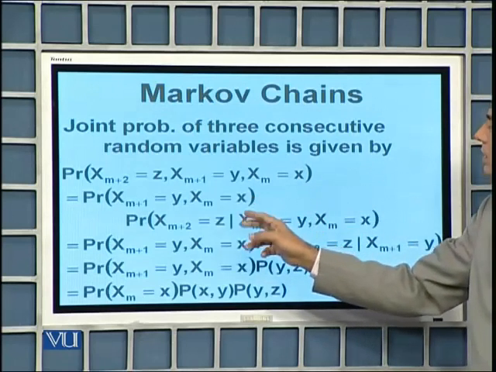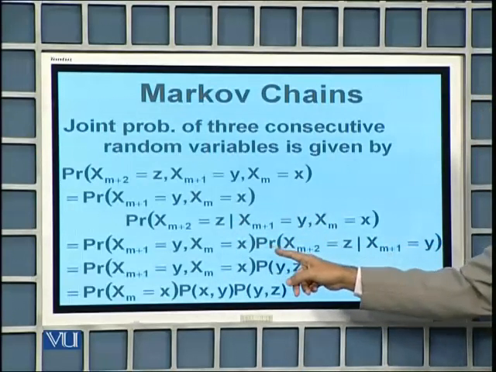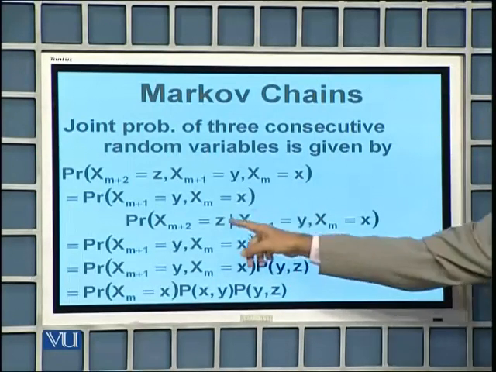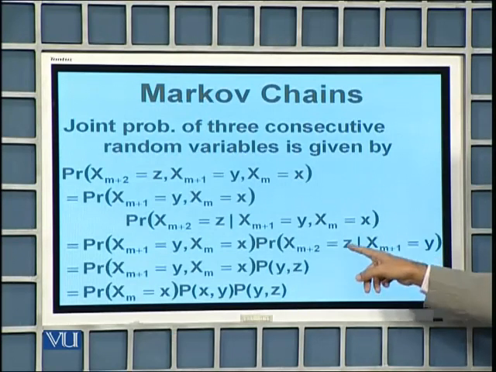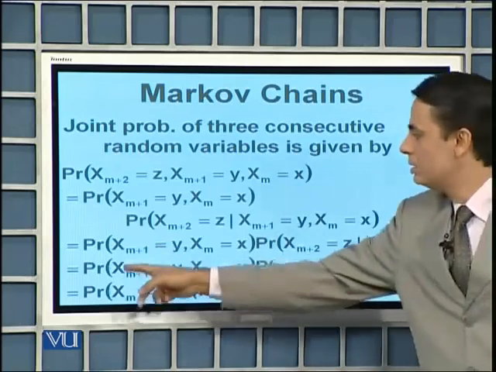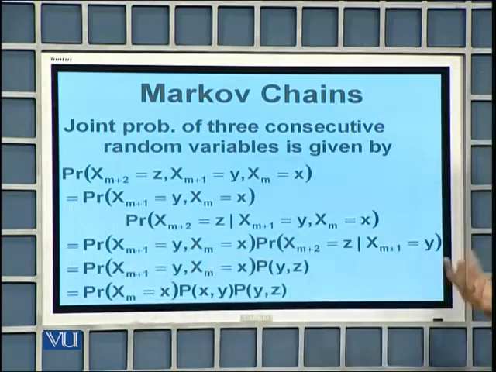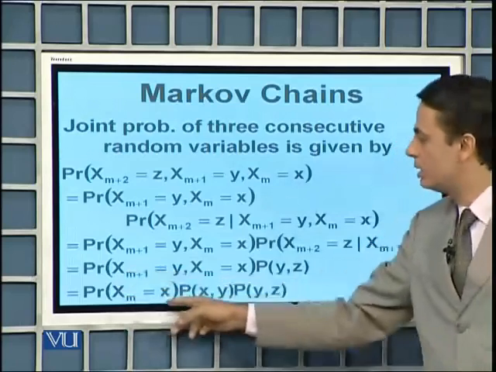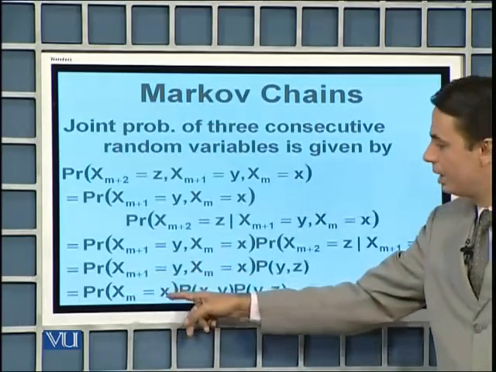Hence, this conditional probability can be replaced with the probability of xm plus 2 being equal to z conditioned on just the immediately preceding random variable. And this is again a one-step transition probability from y to z. We can represent this with p y to z. And the joint probability of two consecutive neighboring random variables is again given by the probability of the previous one multiplied by the transition probability from x to y.